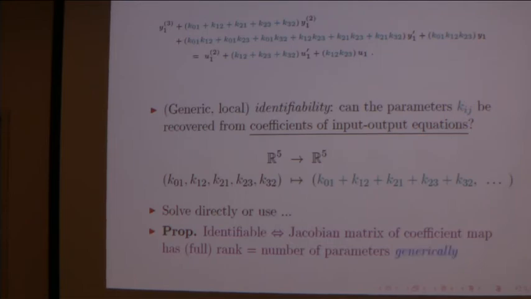Oh yes, generically. In fact, that's the focus of the last part of the talk, because most people in applications, once you know you're generically locally identifiable, feel safe. You feel like, okay, now I can collect my data and so on.